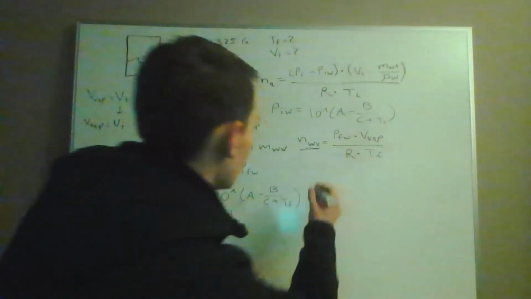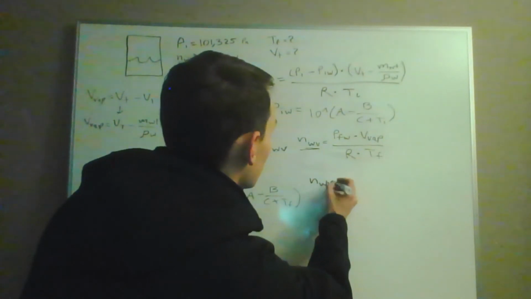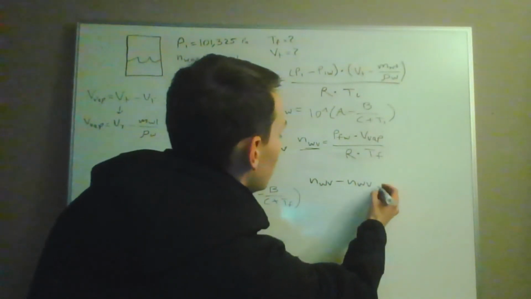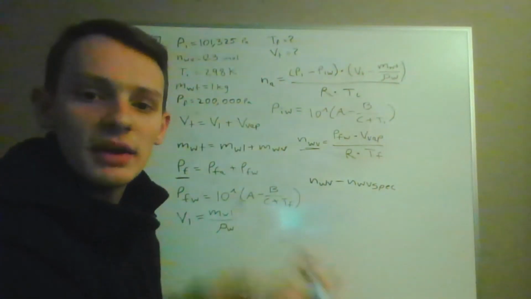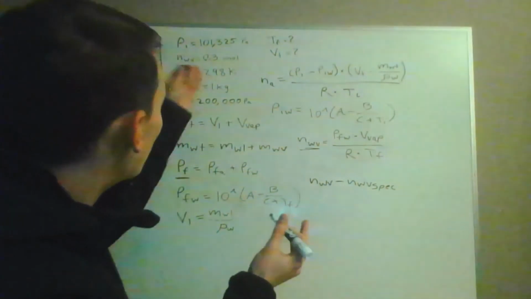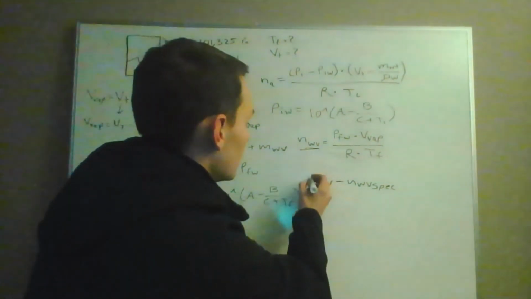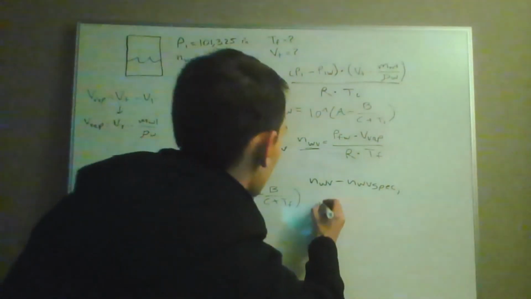And the same thing will be done with the number of moles of water vapor. So basically, you'll have, as one expression, the number of moles of water vapor subtracted from the number of moles of water vapor. I'll just put SPEC because that's what we're going to specify, because we're specifying that we want 0.3 moles at the end. And so this is going to be one of our expressions. And we would do the same thing with pressure.